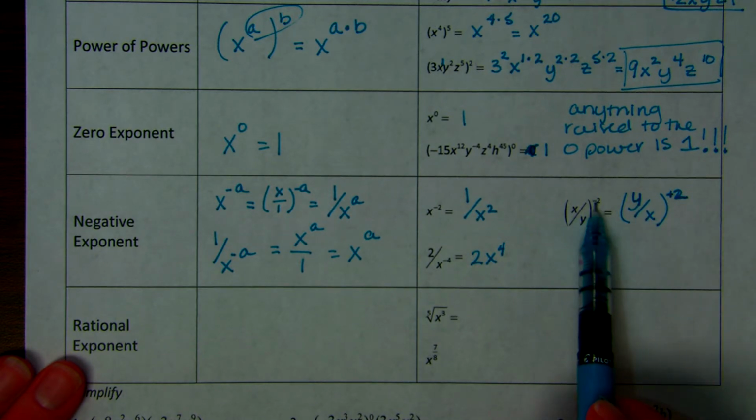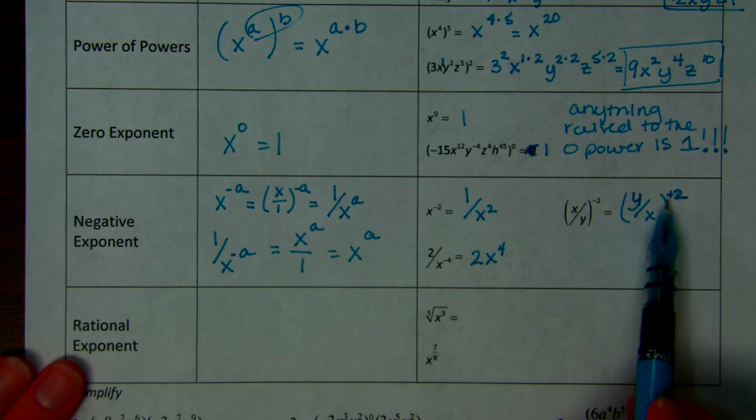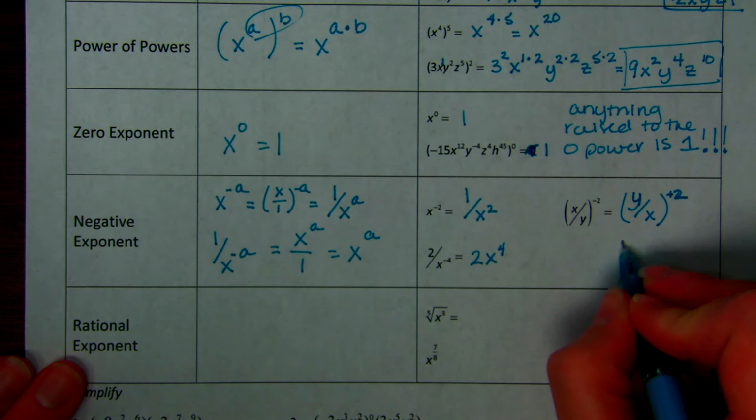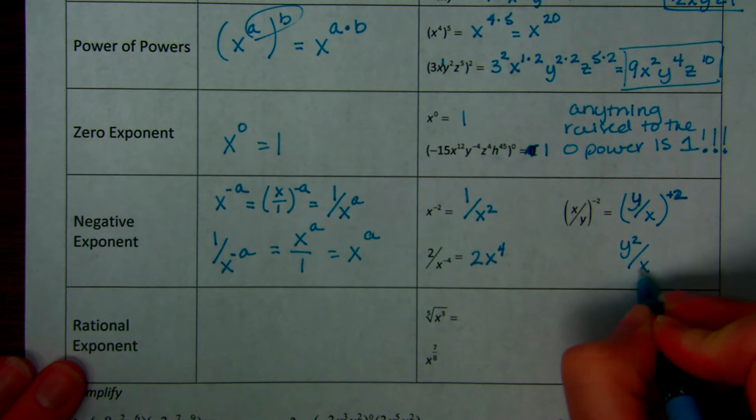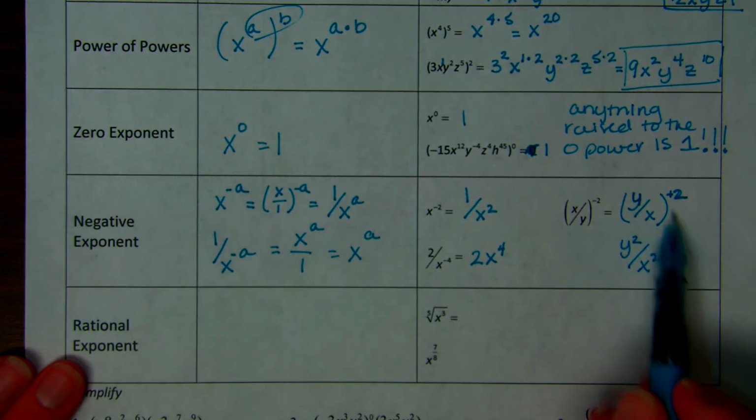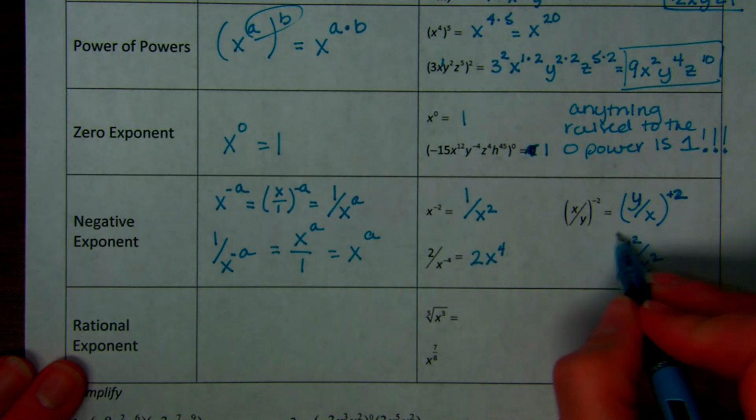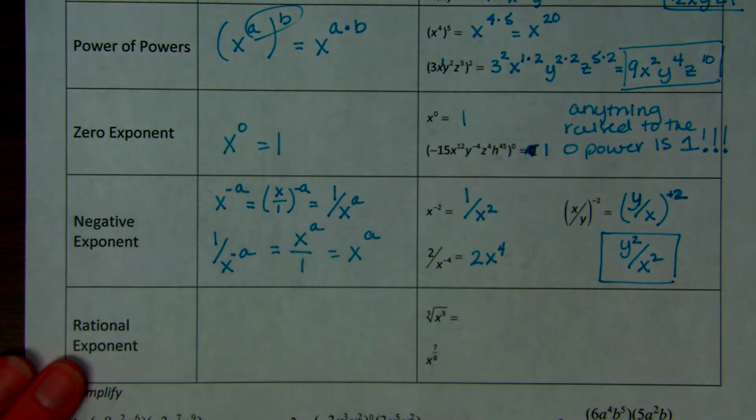But the first thing you do, that negative right there says, hey, flip that fraction, and then the exponent becomes positive. All right, and so what this ends up being is y squared over x squared, again, because that 2 applies to the whole fraction. And so your final answer for that one is this right here.